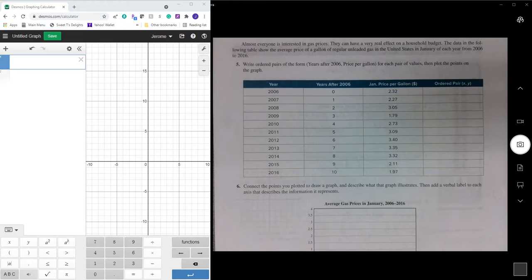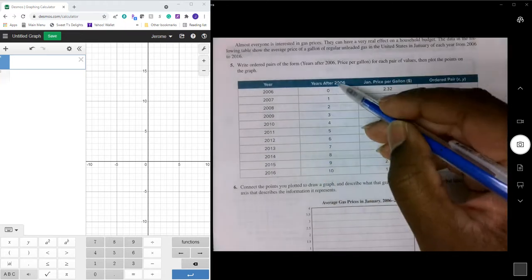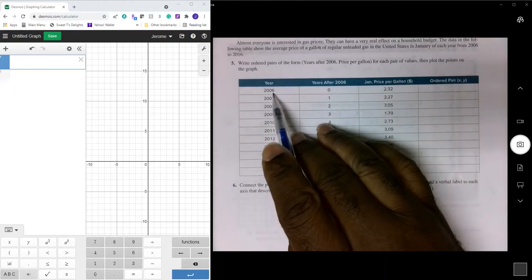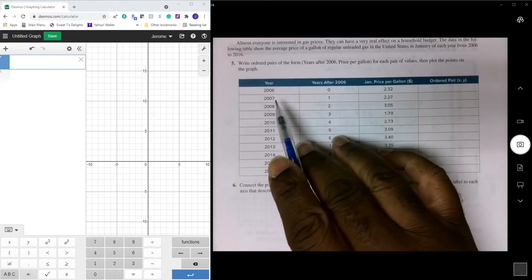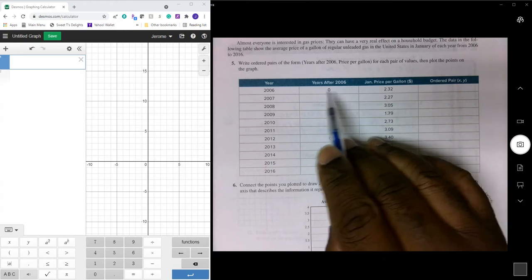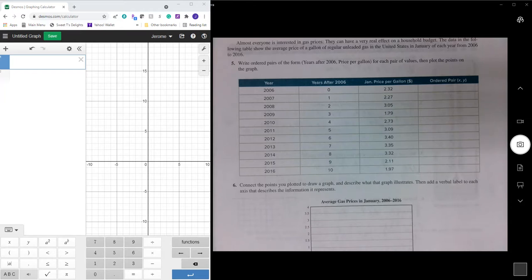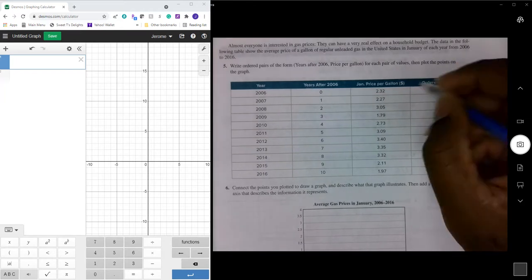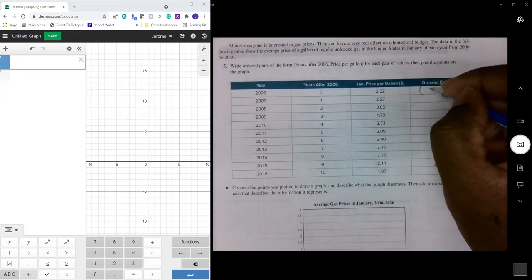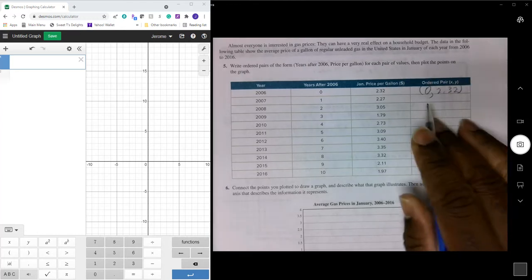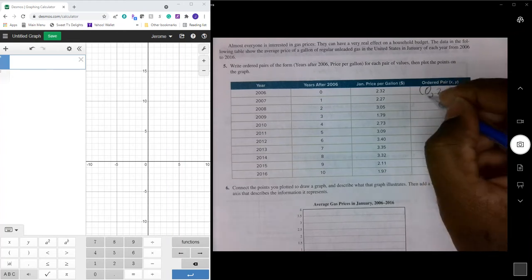Now, if you look here, years after 2006 have been done for us because 2006 is not a year after 2006, so that would be year 0. It's the exact same year, and then we have the following years. Now, they want us to write this as an ordered pair. So 0 would be the years after 2006, and the price of gasoline would be this value here.